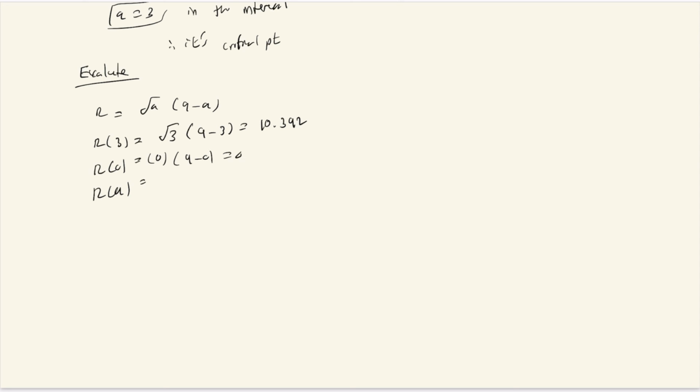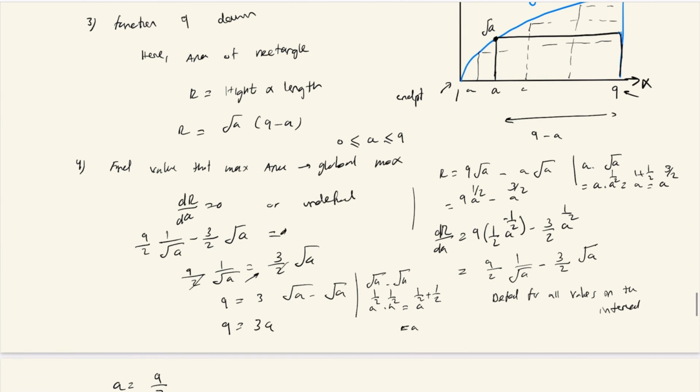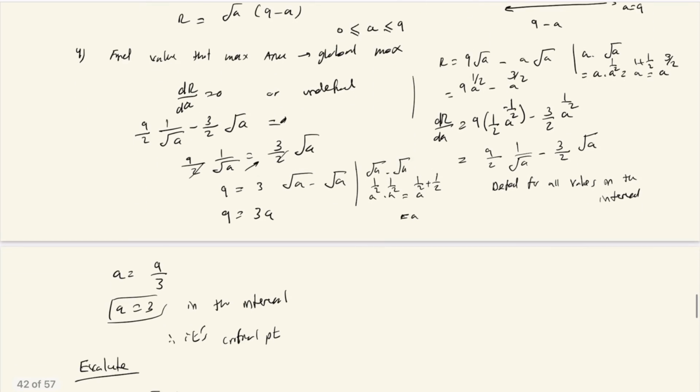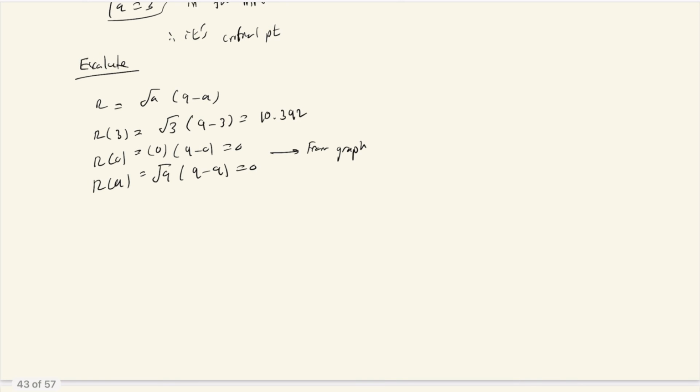Now notice that r of a at 0 and 9 is 0. This can also be seen from the graph. If you move a to a equal to 0, we don't have any area. The same thing is going to happen when you move a to 9. There's no area, therefore it's 0.